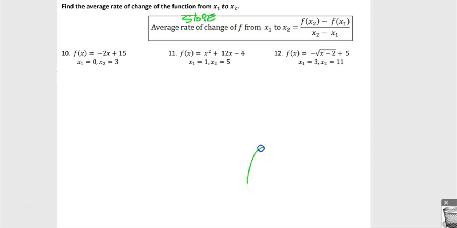So if I have a graph that looks like this, and I want to know the average rate of change. If I had a function like this, and I pick this point and I pick this point, I want to find basically the slope, the average rate. It may go above it, it may come down.